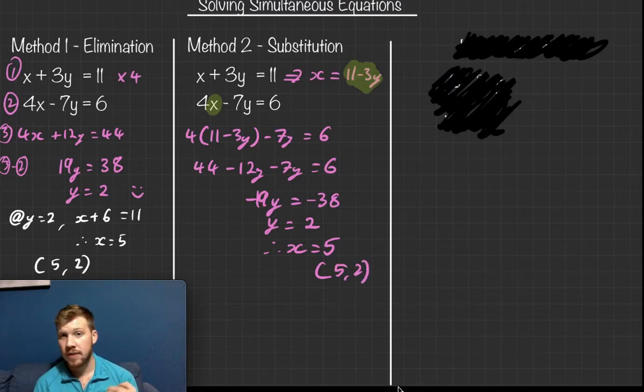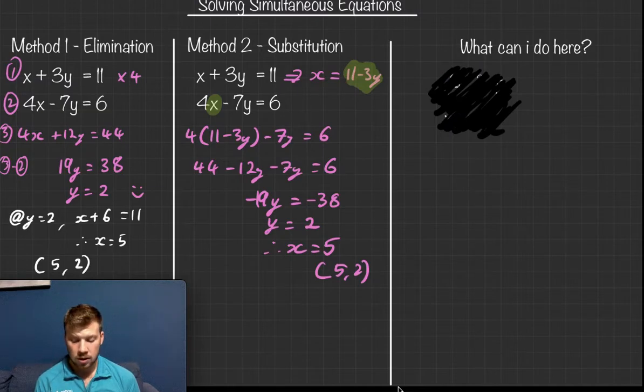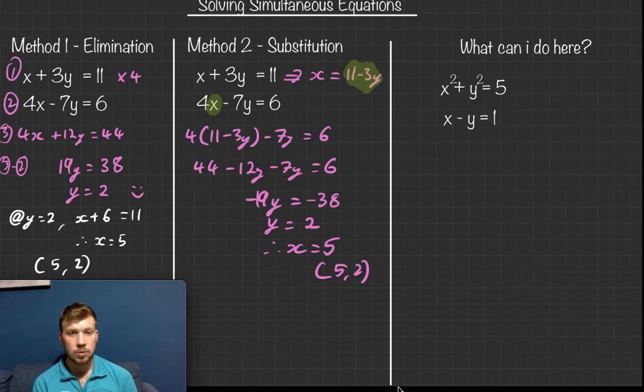Now, the reason why this is really important is because, well, what can I do when I no longer have equations which are both linear? Here you can see I've got x squared plus y squared equals 5, and that's going to give me a circle with a radius of root 5 centred at the origin. I've also got x minus y equals 1, which is a straight line.